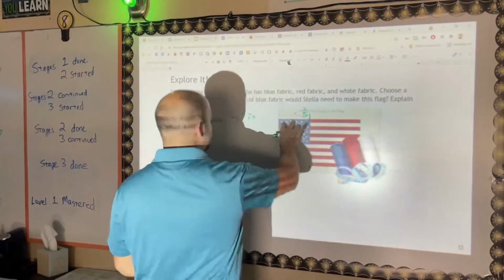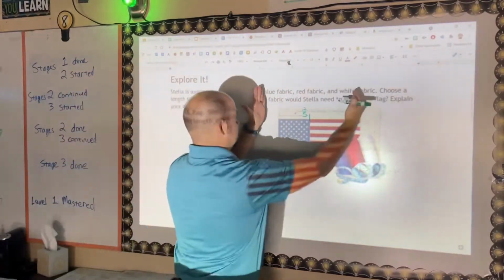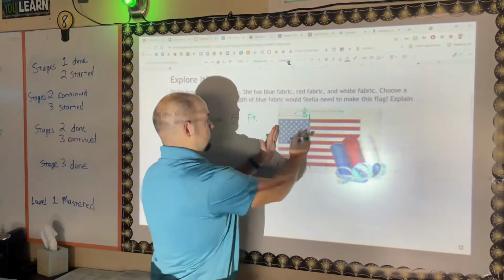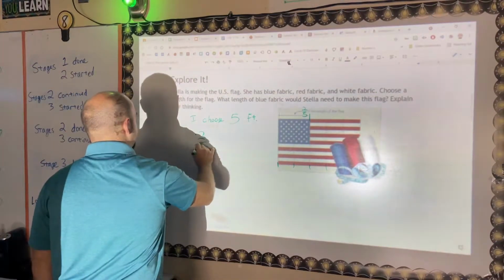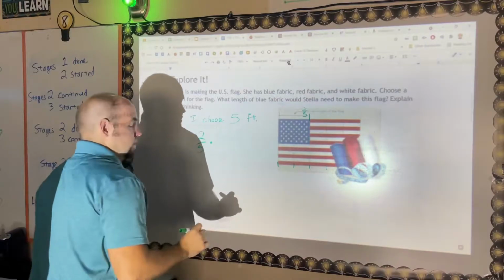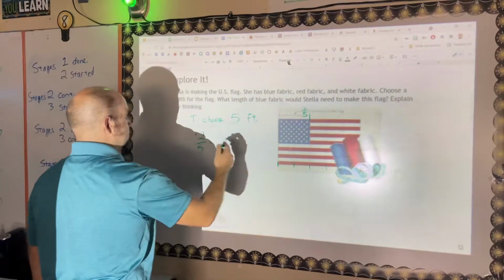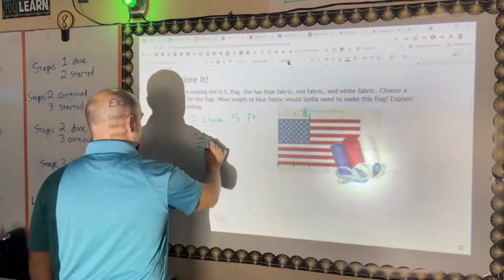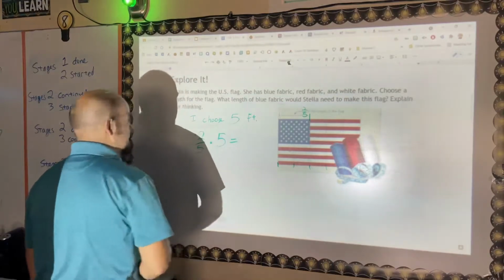So if she's got 2/5 of the whole length, so if this is 5 and she's using blue, it's going to be 2/5. So we can figure that out by saying 2/5 of. When you're reading these problems, when you see something that's 2/5 of something else, that means multiplication. So 2/5 of 5, what does that equal?